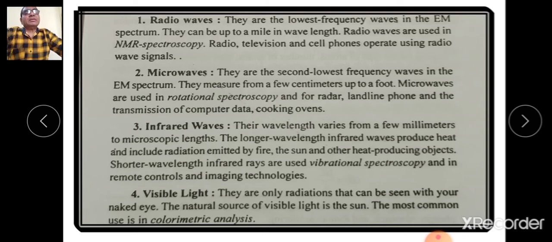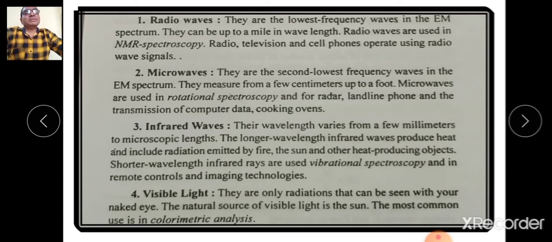Then next variety is visible light, which is seen by our eye. Visible light, the natural source is of course sun. The visible light contains 7 colors.